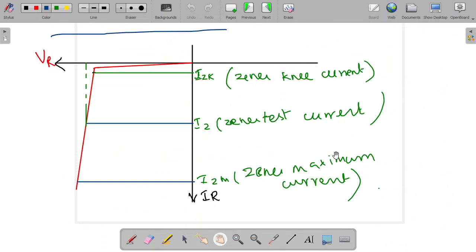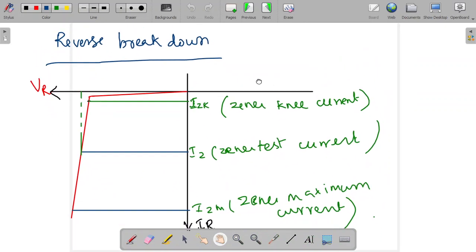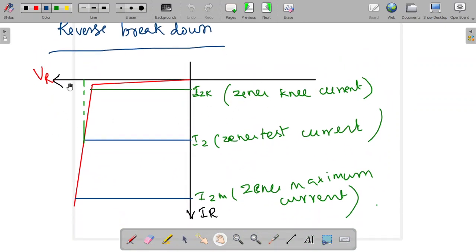Then we see this reverse breakdown in detail. We are talking about the reverse breakdown, so I have taken only the third quadrant. Here VR is the reverse voltage and IR is the reverse current.